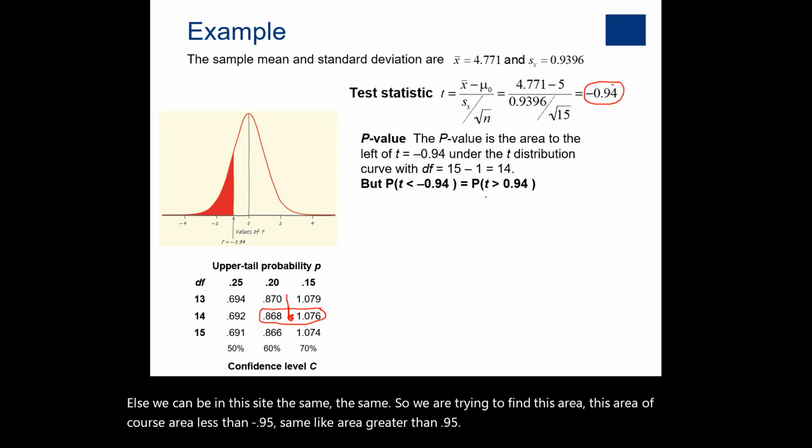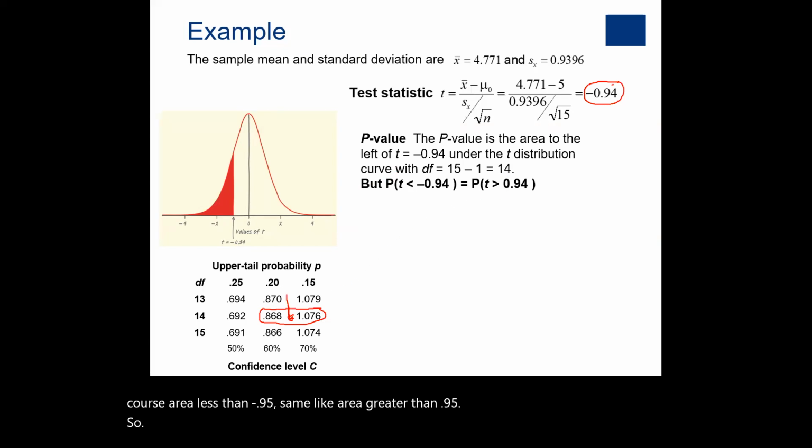So the p value is supposed to be between these two values. Let's say 0.175. Compare this with alpha.